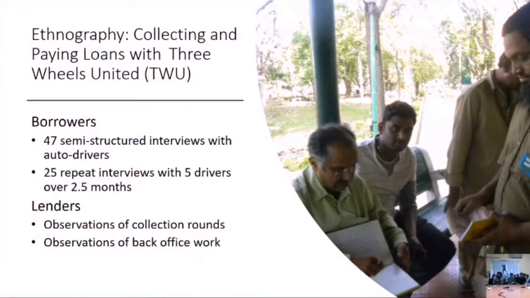At the time of the study, they were acting as an intermediary. The loans came from mainstream banks, and TWU stood guarantor at the bank for the drivers, and then managed the whole loan from paperwork to collections. But it is now becoming one of these NBFCs. So they're changing themselves.